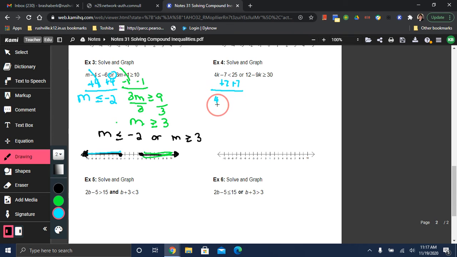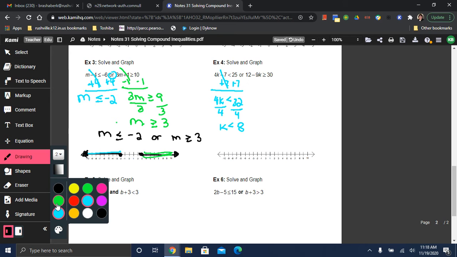And so that'll be 4k, this will cancel, is less than 32. And then I have to get k by itself. I'll divide to undo that multiplication. K is less than 8. So there's one piece of this compound inequality.